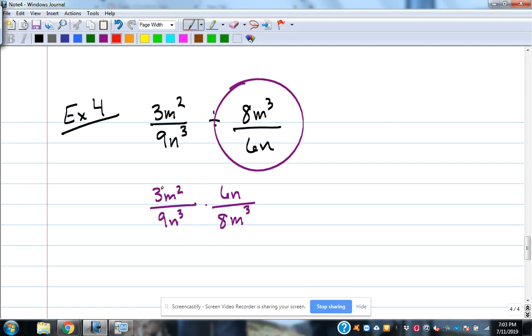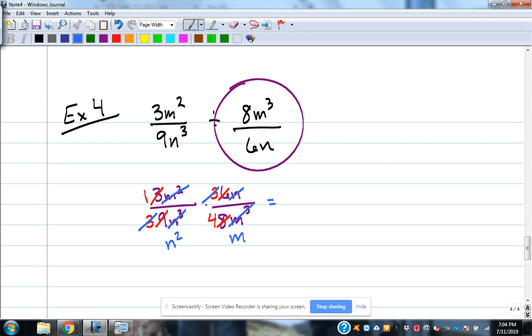I see a 3 goes into itself once and into 9 3 times. 6 and 8 have 2 in common. So that'd be 3 and 4. And then I'm going to cancel diagonally now. 3 cancels 3. 1 n cancels 2 of those, so that leaves an n squared. m squared cancels 2 of those, leaving a plain m.